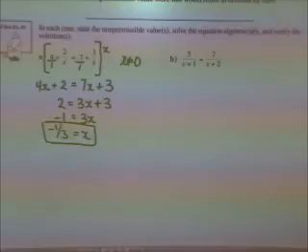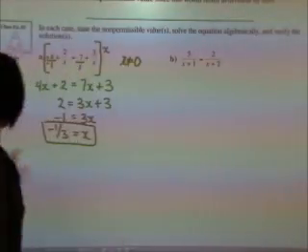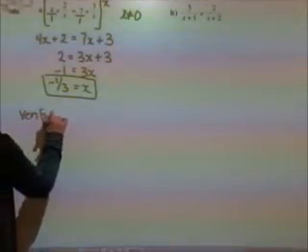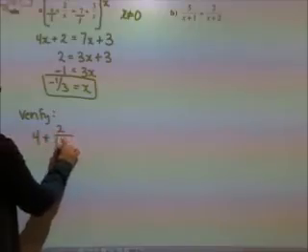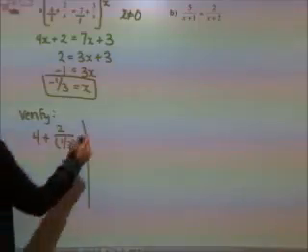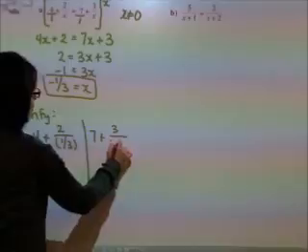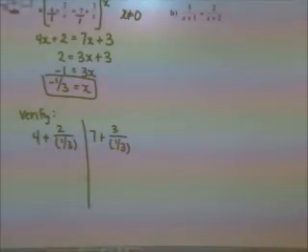Now I need to verify this. So verifying it means I put it back into the original equation. So when I go to verify, I have 4 plus 2 over 1/3 on the left-hand side, and then I will have 7 plus 3 over 1/3 on the right-hand side.